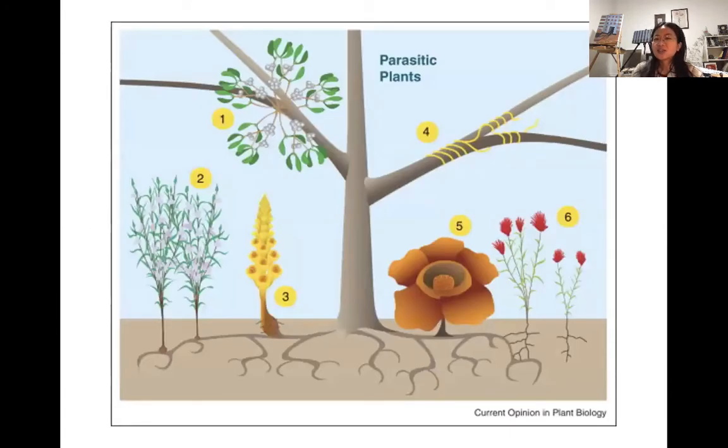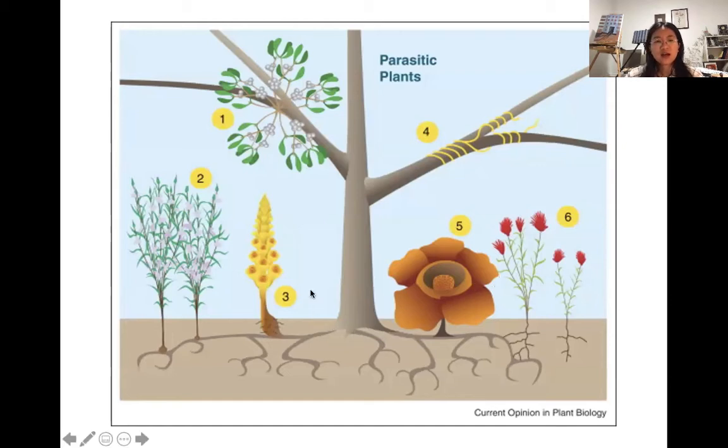And then in terms of growth form, parasitic plants really have an exceptional diversity. Oftentimes we have root parasites, such as the Rafflesia, which produces the largest flower in the world.